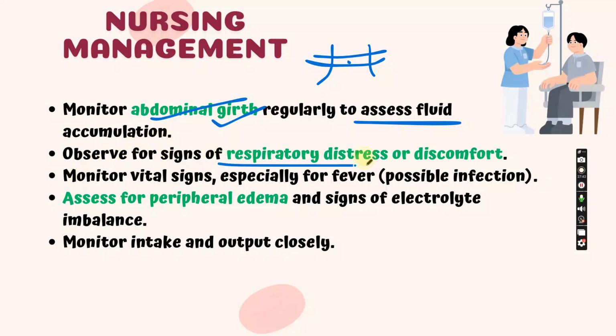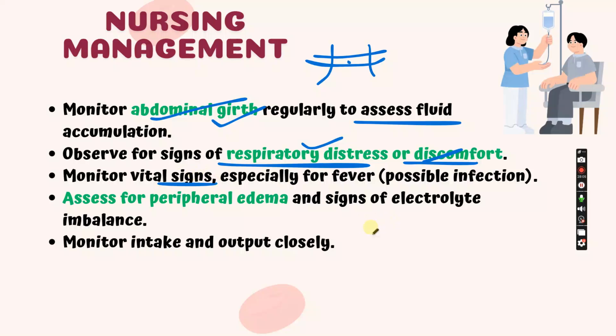Then we have to look for signs of respiratory distress or discomfort. We have to relieve the patient's respiratory distress either by providing a comfortable position or by aiding them with other respiratory aids. We have to address this issue as well. Then go for the vital signs.